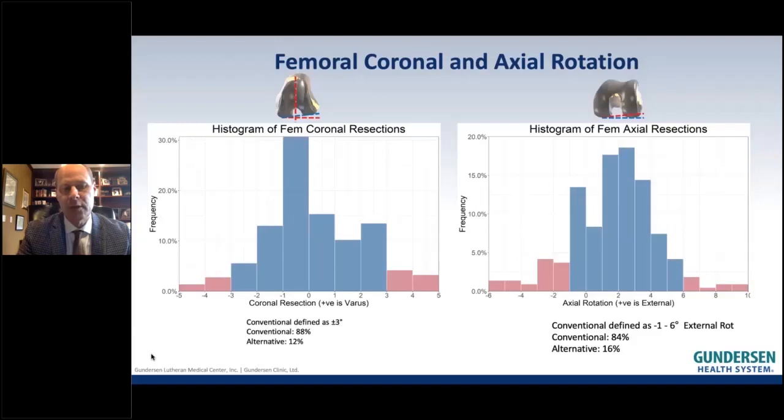Instead of calling them inliers and outliers, we're talking about conventional being in the blue and alternative alignment in the pink. We broke it out to ±3 degrees in the coronal plane and -1 to 6 degrees of external rotation in terms of femoral axial rotation.